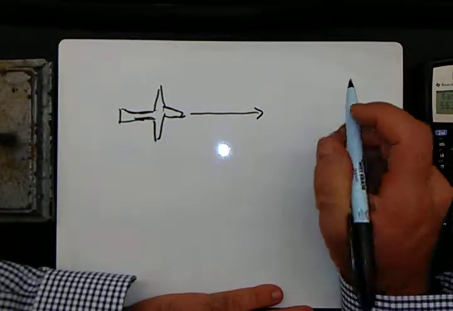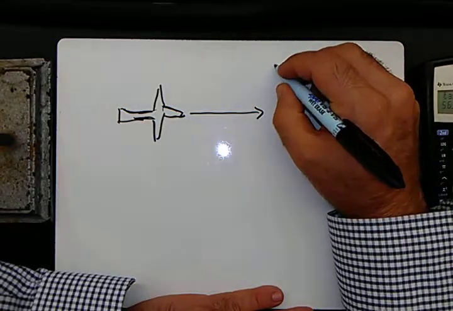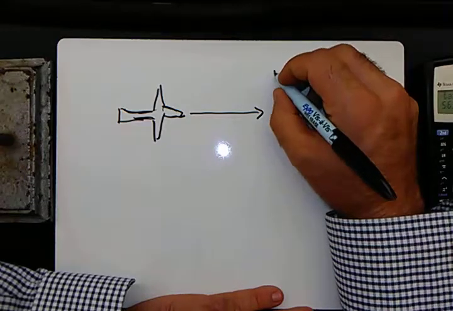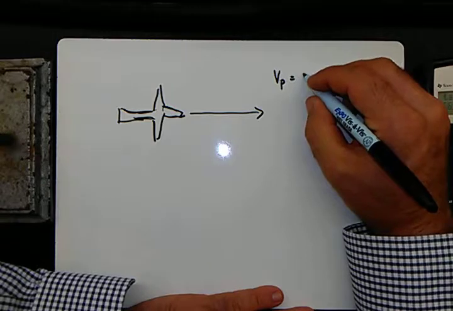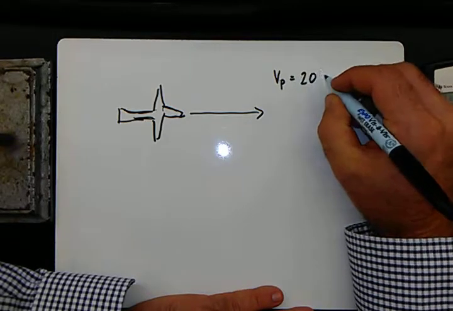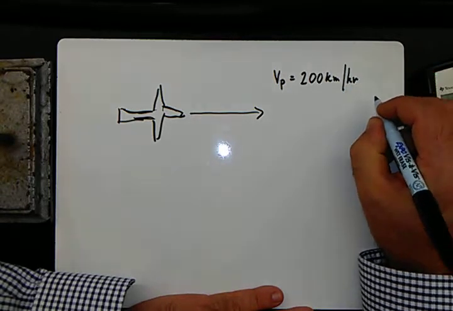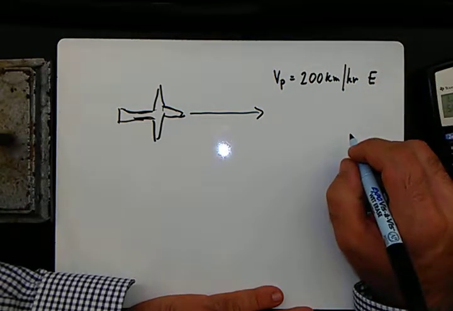Let's say that we have some numbers here. The velocity of the plane is 200 kilometers per hour due east.